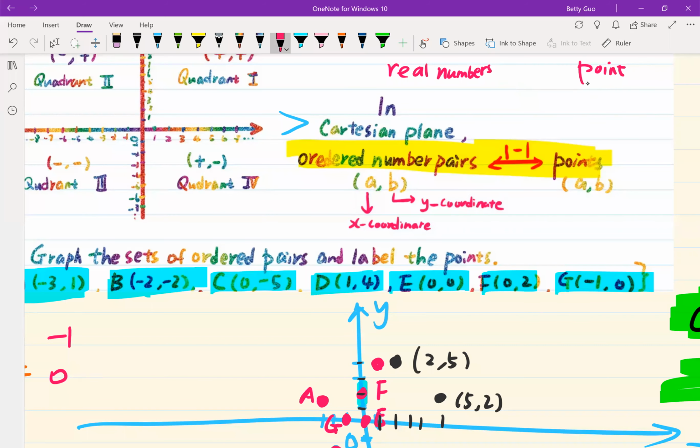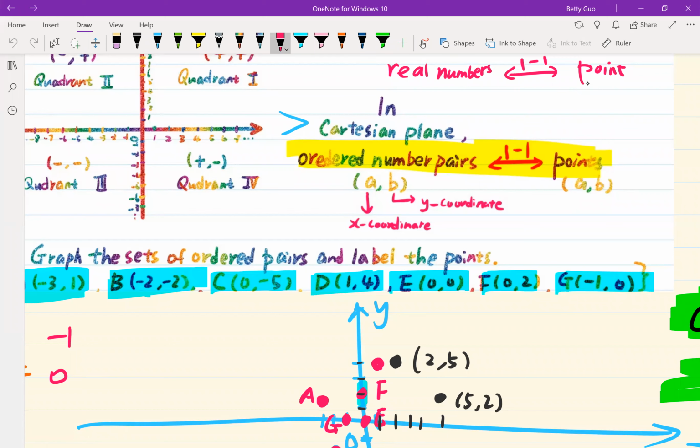For any real number, there's one point corresponds to it. For any point on the line, there's only one real number that makes a pair with it.